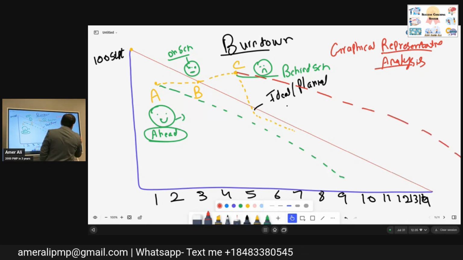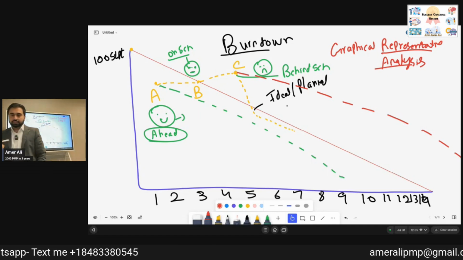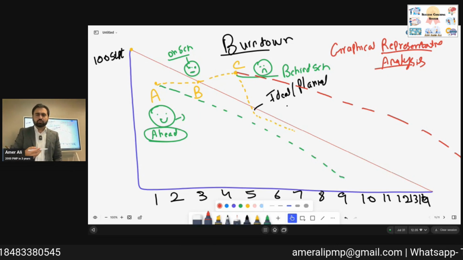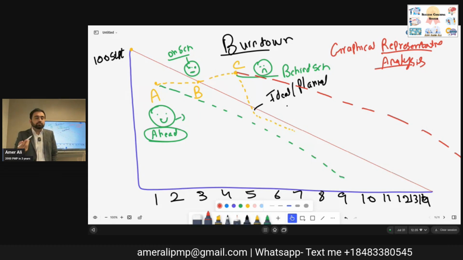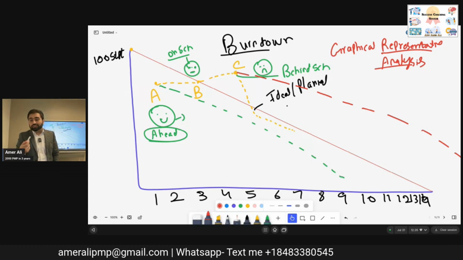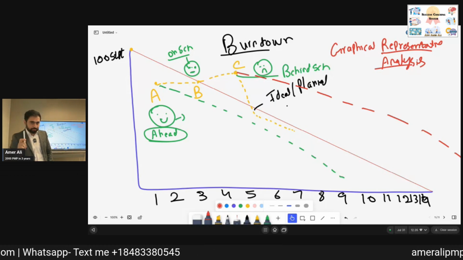It will take much more time if we go on at that pace. It can be scope added, whatever the reason is, there can be a problem.